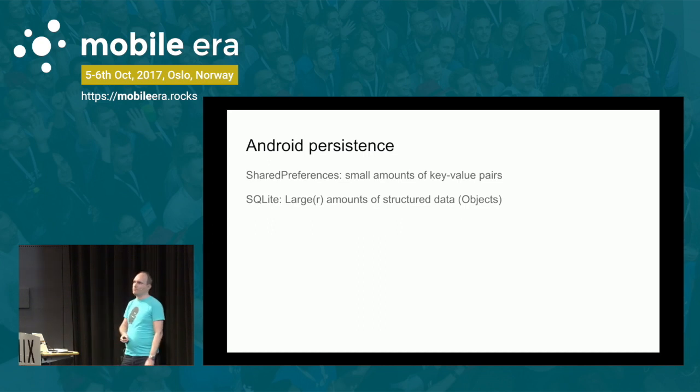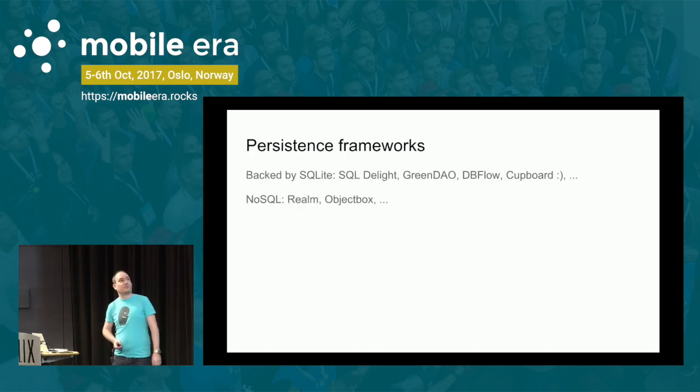The challenge with SQLite on Android is that its API is kind of low level, not easy to work with, and there's a lot of ceremony that you need to do when you want to store some stuff in SQLite. So over the years, persistence frameworks have popped up to solve this problem, and initially those were ports coming from more server-like environments.